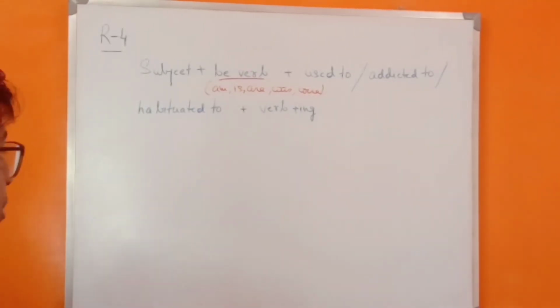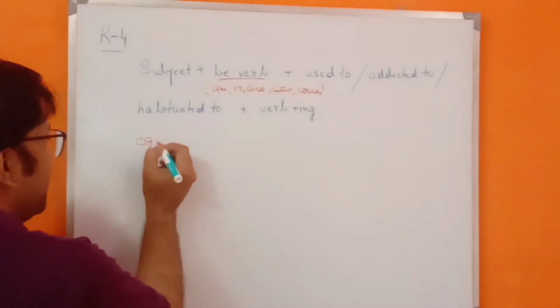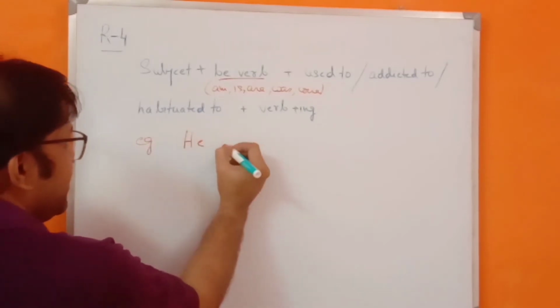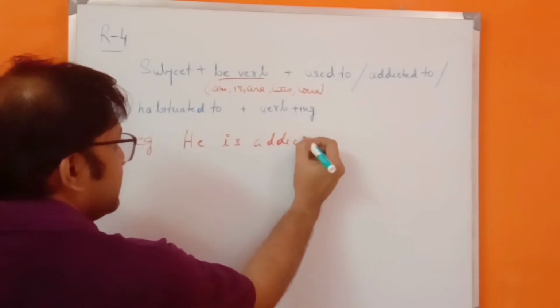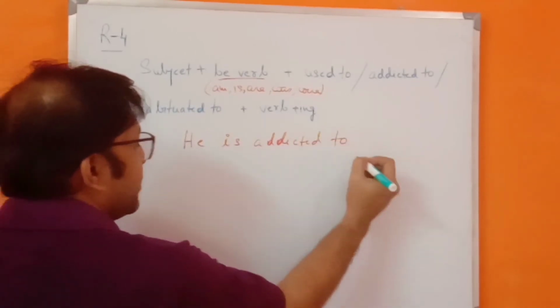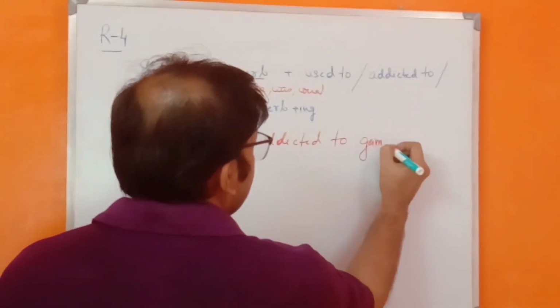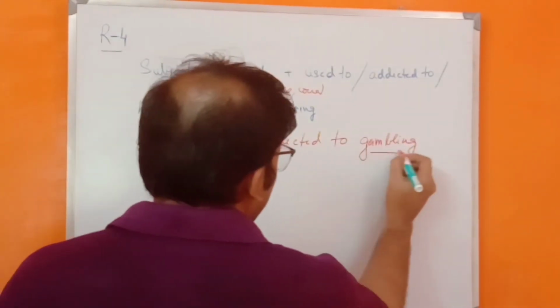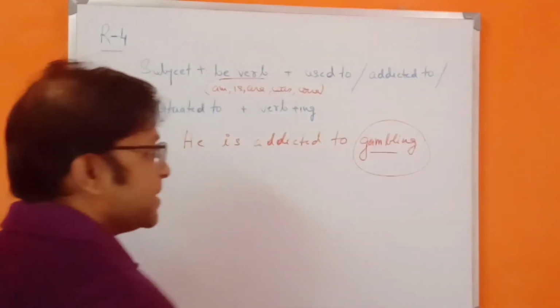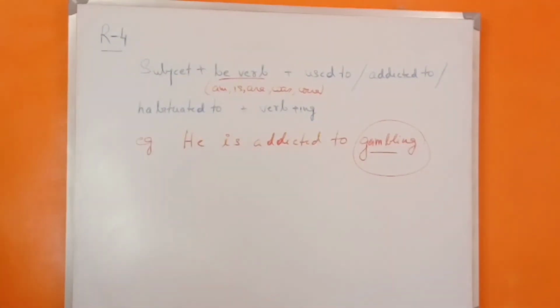So a sentence for you. Suppose, for example, he is addicted to gambling. A negative thing, but here as you can see, the verb is placed with an ing and therefore it is a gerund.